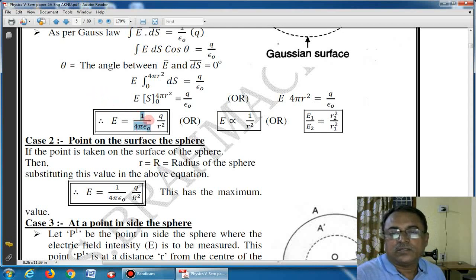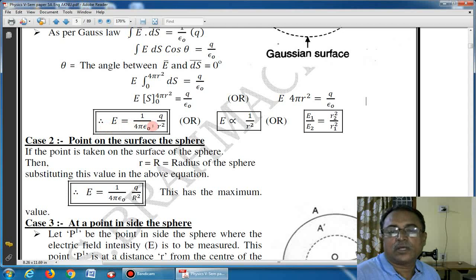And this is 1 by 4 pi epsilon naught into the remaining part is q by r square. So the electric field intensity expression for the sphere is E is equal to 1 by 4 pi epsilon naught into q by r square. Here this equation does not depend on the radius of the sphere, that is capital R.